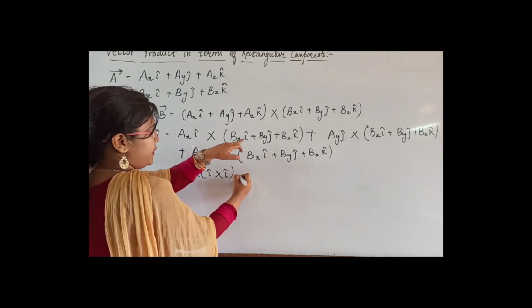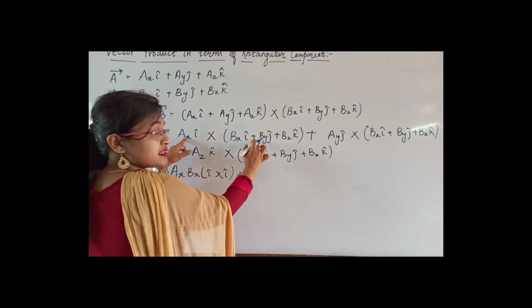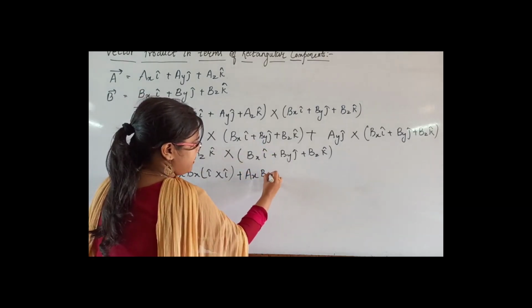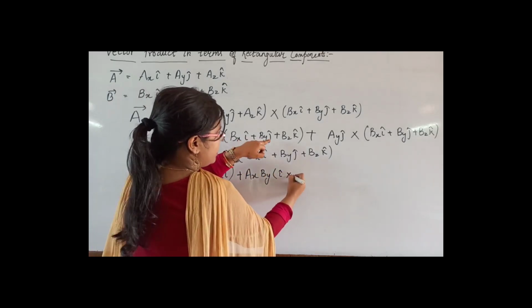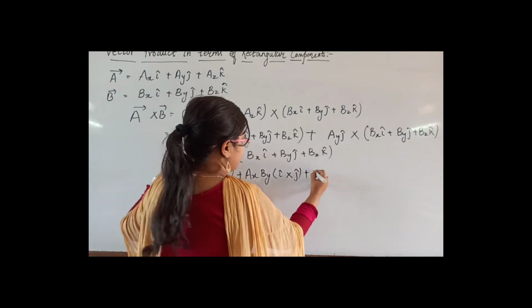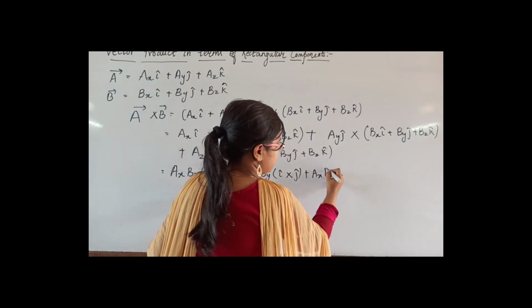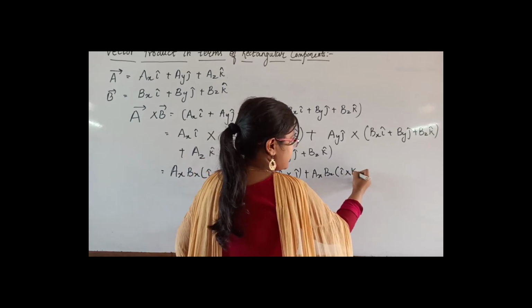Again plus, since it is distributive in nature, Ax into By, these are the magnitudes, and unit vectors I cap cross J cap. Clear? Again last, Ax multiplied by Bz, and in brackets I cap cross k cap.